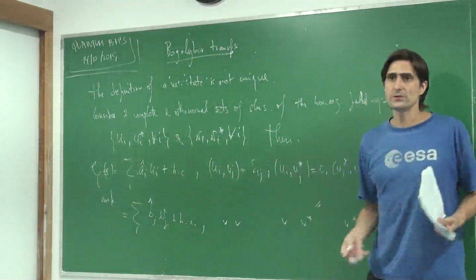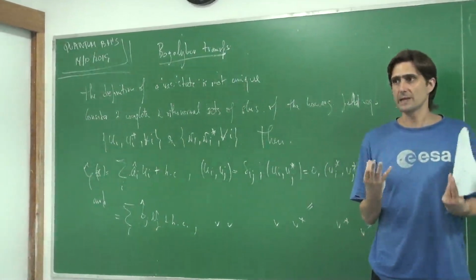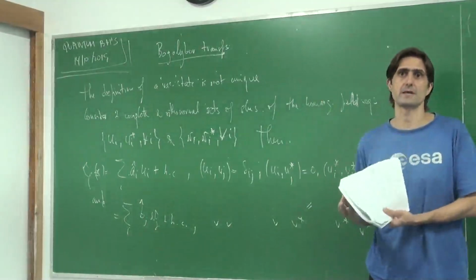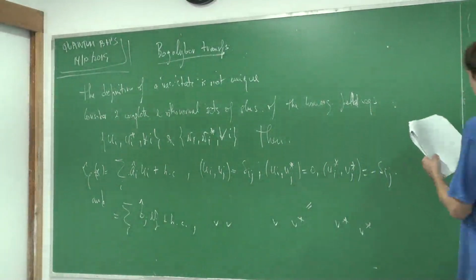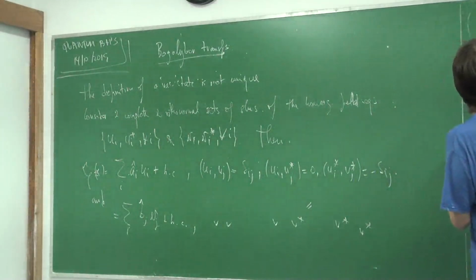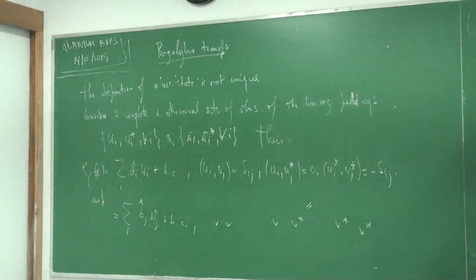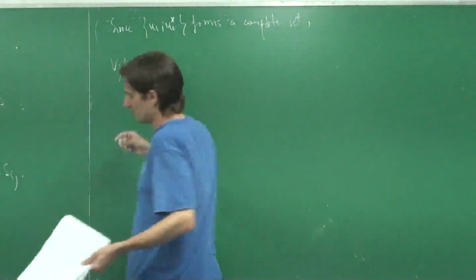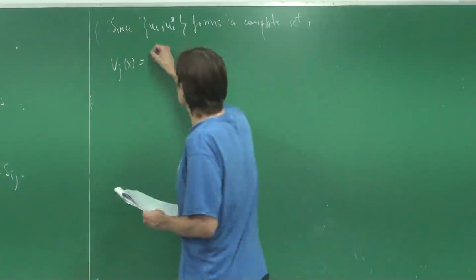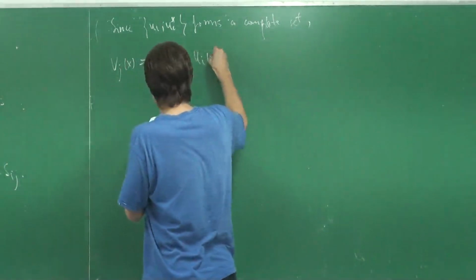Now, both the U's and the V's are complete sets, so you can take any element of the V set and express it as a linear combination of the U set, because it's a complete set. So in particular, since U_i forms a complete set, you can write one of the elements of the V set as a linear combination of the U set.